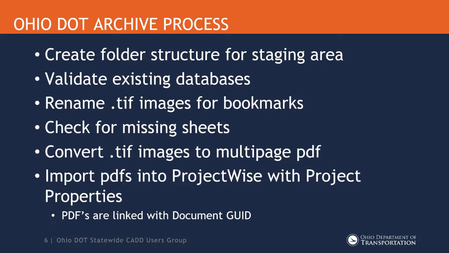But more importantly, we also create a document GUID for that PDF. That's a special place where we keep all the construction plans with the document GUID tied to the plans. It doesn't matter if we rename the PDFs or move the PDFs within our data source, it's always going to locate that PDF directly.